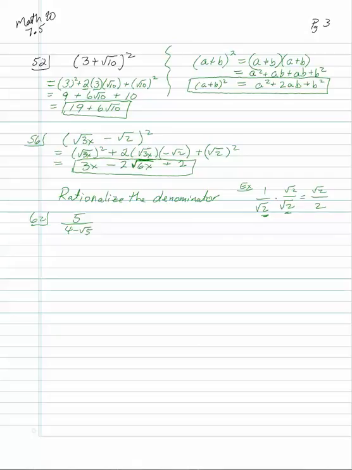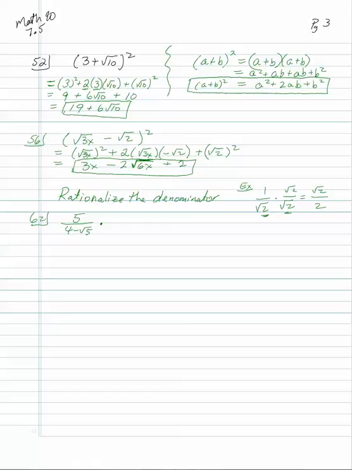Well, now if you have a fraction like this, like number 62, you got 5 over 4 minus square root of 5. You can't multiply by just square root of 5, because then when you distribute it on the bottom, you still end up with the square root of 5. You can't square the bottom because like number 56 and number 52, when you square it, you still end up with the radical term, so that doesn't work.